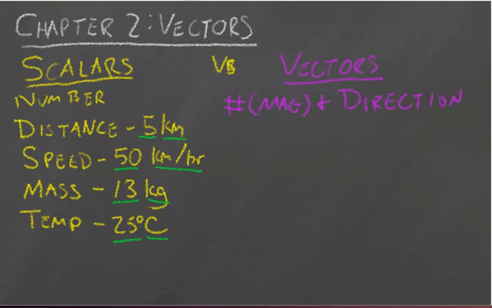So for example, distance now in a vector becomes displacement. So for example, 5 kilometers, we could have 5 kilometers north, right? So now we give a direction to it.